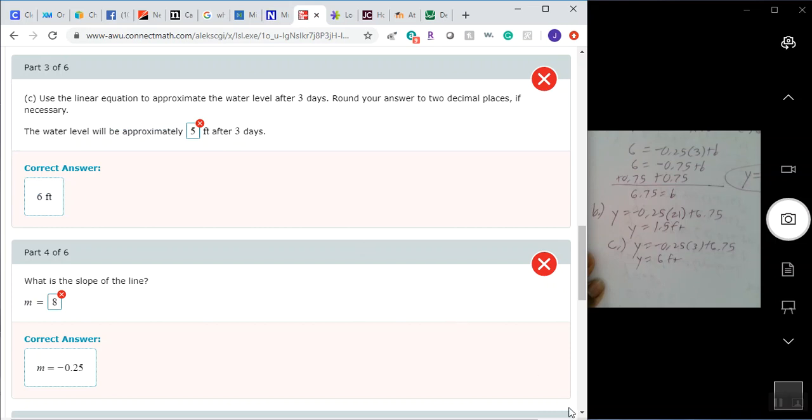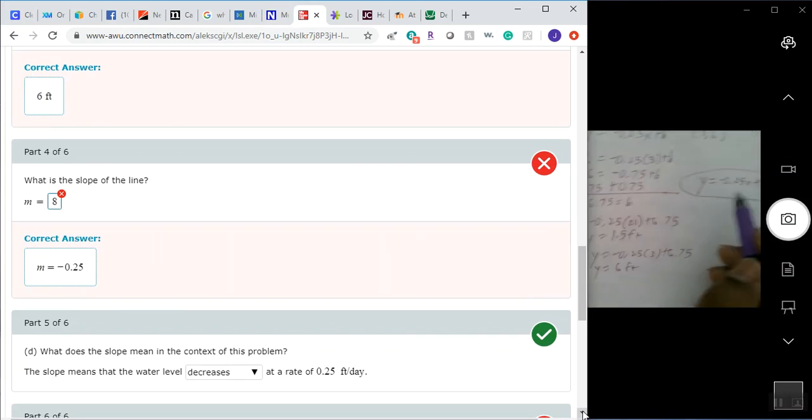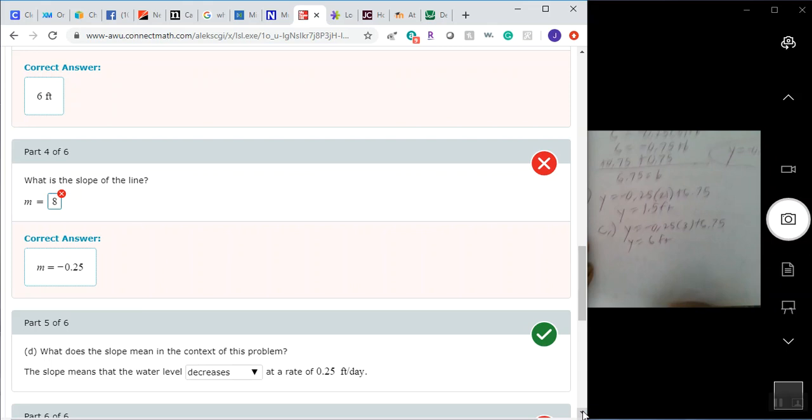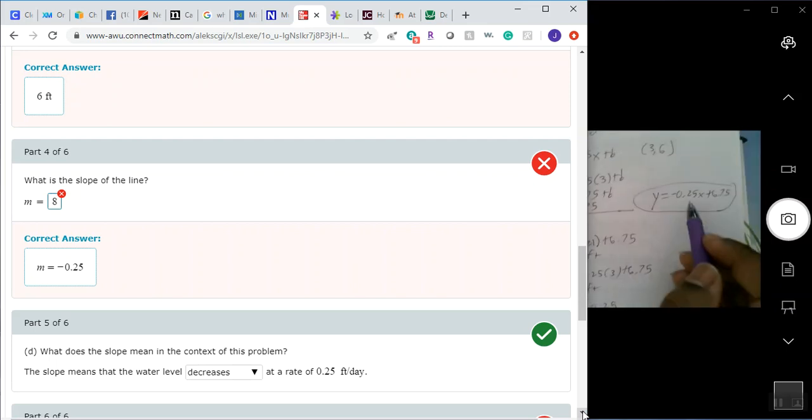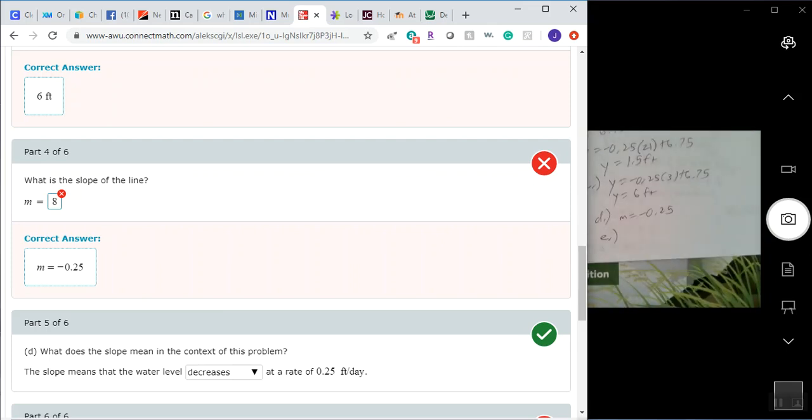Okay, number 4, what is the slope of the line? The slope with this equation we know is negative 0.25. So D is negative 0.25, because remember the value connected to x is your slope when you're doing slope-intercept form.